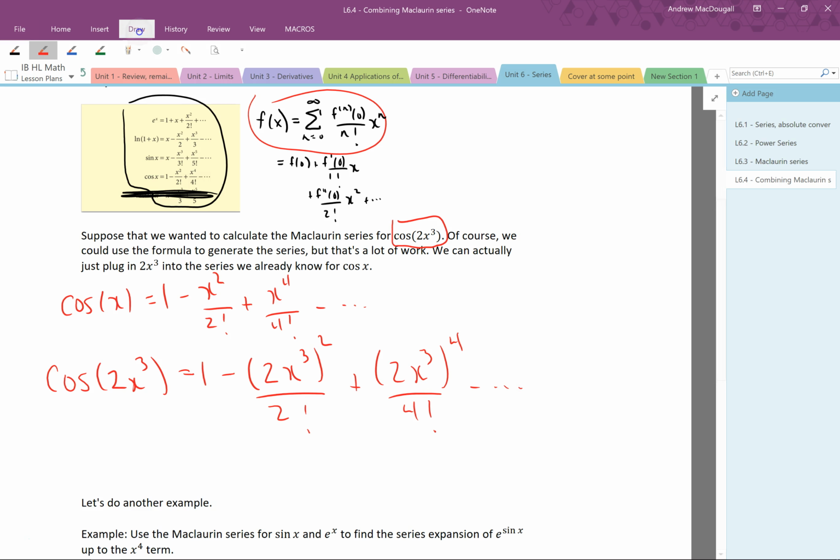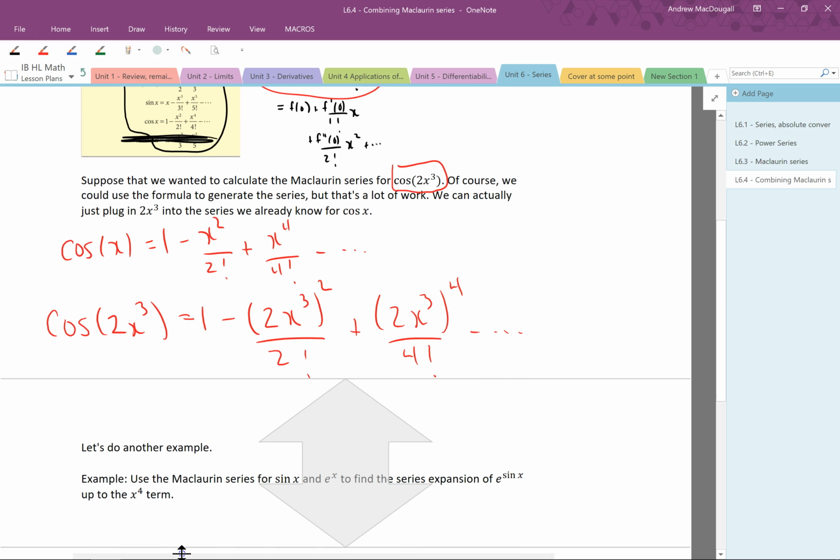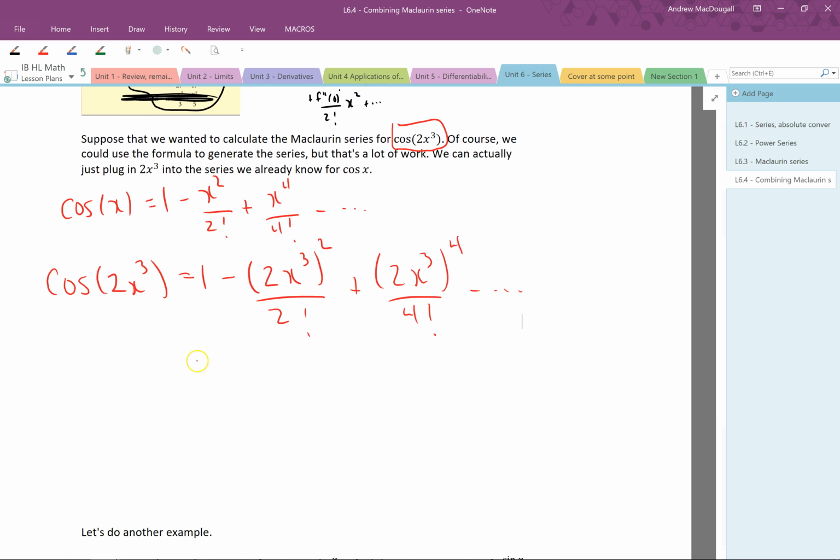So we can do that. Now, let's see. We can even simplify: 1 minus 2 squared is 4, times x to the 6, over 2 factorial. 2 to the 4 is 16, divided by 4 is 4, times x to the 12 over 3 factorial.